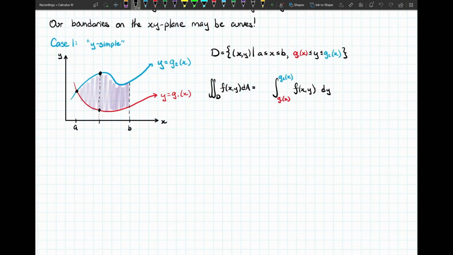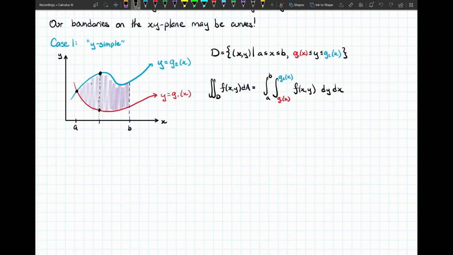We're looking for an antiderivative with respect to y, and then we're going to evaluate at g2 of x and at g1 of x and subtract. When we do that, we're going to end up with a function that only involves x in its expression now. That allows us to look at the definite integral of that expression with respect to x from a to b, and we will end up with a numerical result again.